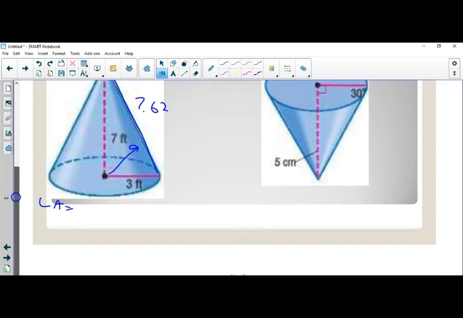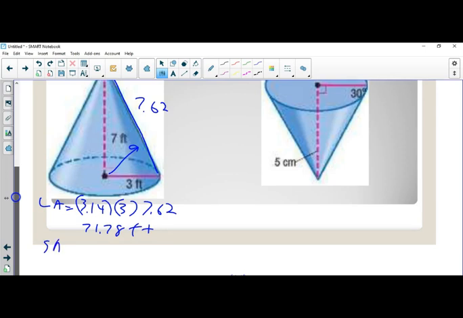Lateral area is pi times our radius, which is 3, times our slant height, which is 7.62. And we just type it in, 3.14 times 3 times 7.62. And we get 71.78 feet squared.